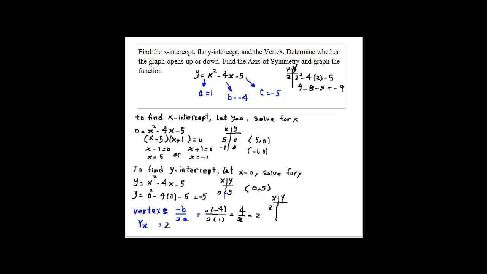Here we have all the information we need to graph this. Here we have the y-axis and here we have the x-axis. Let's locate the x-intercepts: x equal to minus 1, which is right here, and 5.